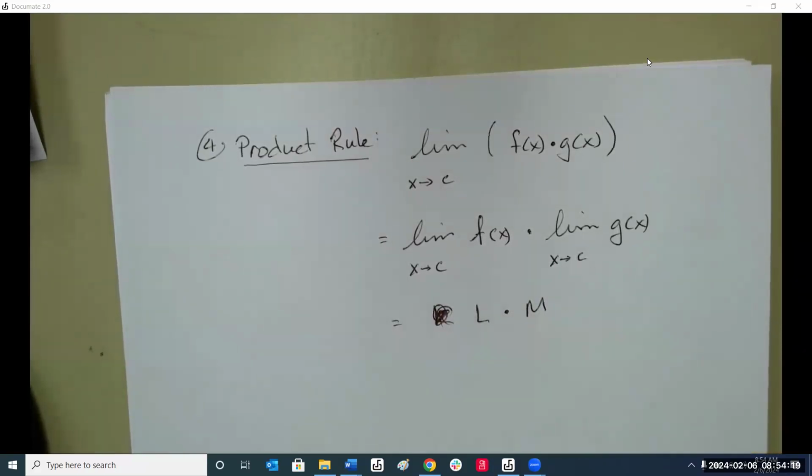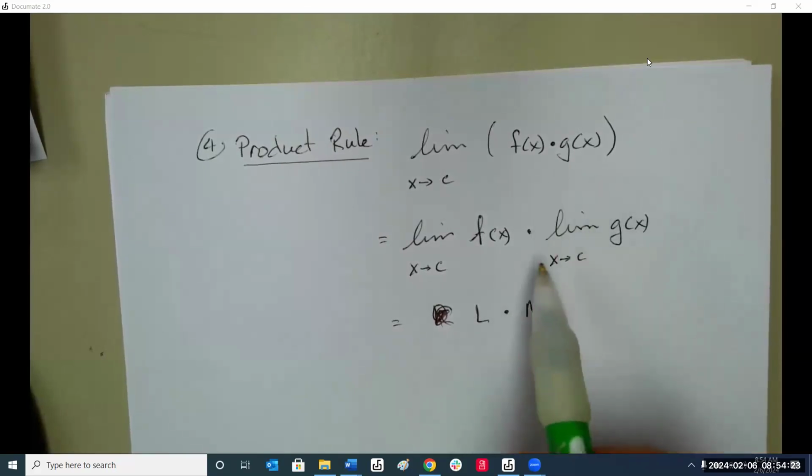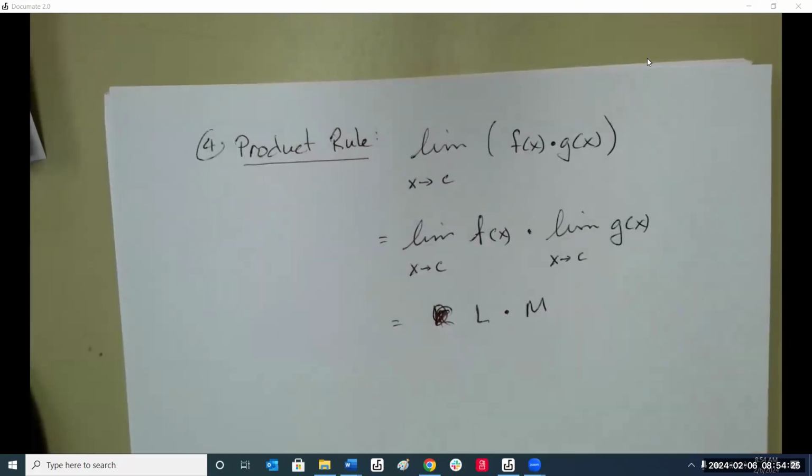And then I just have the product of each individual limit again. Now, why is this one so cool? What if I have a binomial? I can split this up into two factored forms, and I can do both of those separately. They'll be a lot smaller, a lot easier.